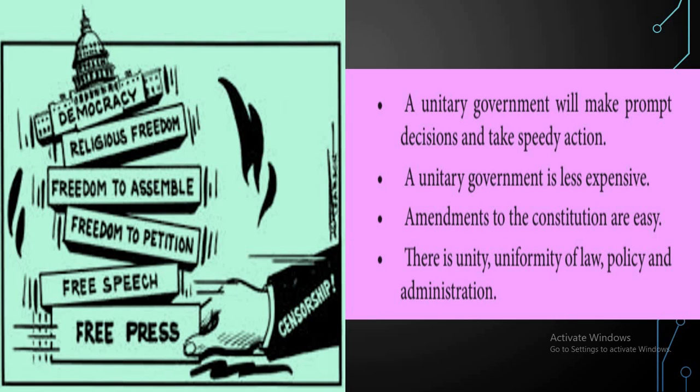But the unitary government is less expensive. The amendments, that is changes in laws, to the constitution are easy. But in the federal government, they have to get the opinion of every member. So it's very hard for the government to change the laws.